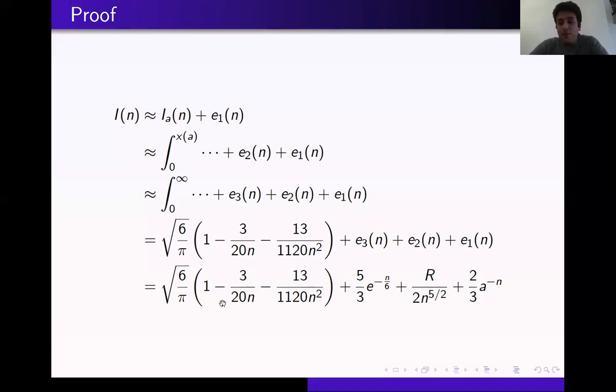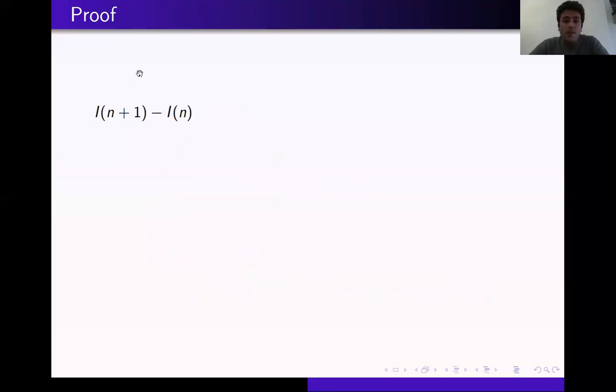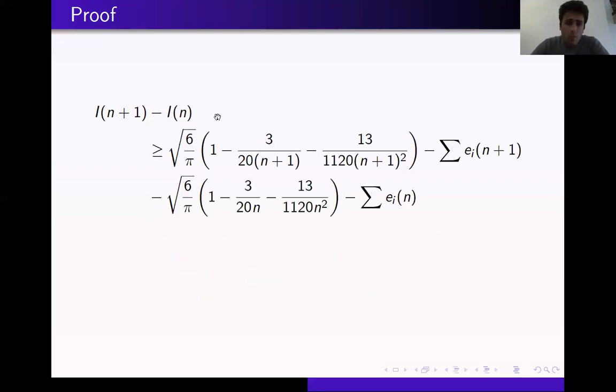But this is enough for proving the monotonicity, because considering the difference of the sequences I evaluated at n plus 1 minus I of n, we lower bound the term evaluated at n plus 1 by the part where the main value of the integral is concentrated, evaluated at n plus 1.